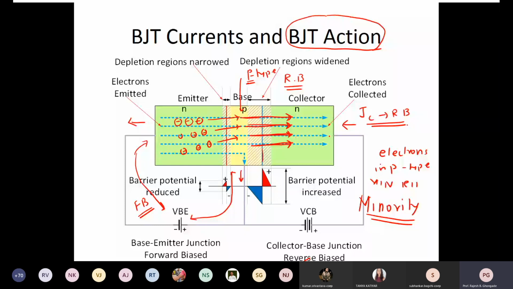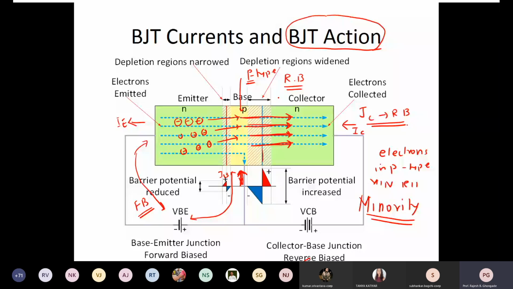So this will be the collector current, this will be the emitter current, and this will be the base current. Sorry, the direction is wrong. Okay, here. So the base current, emitter current, and collector current are the currents which are external, that is, they are not the internal currents of the BJT, bipolar junction transistor.